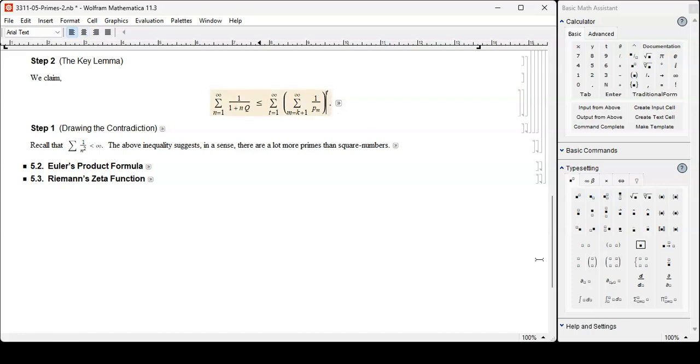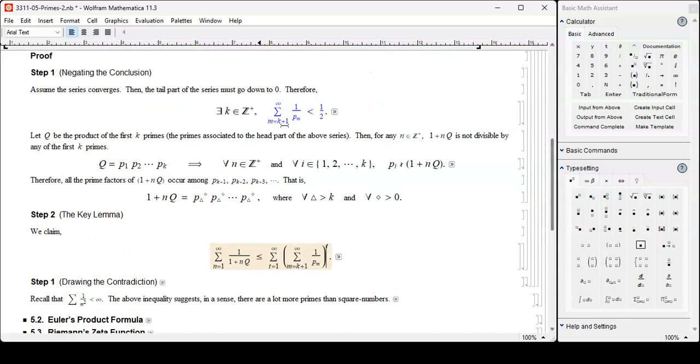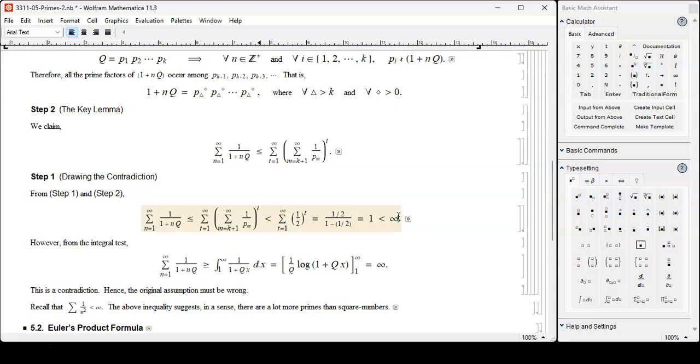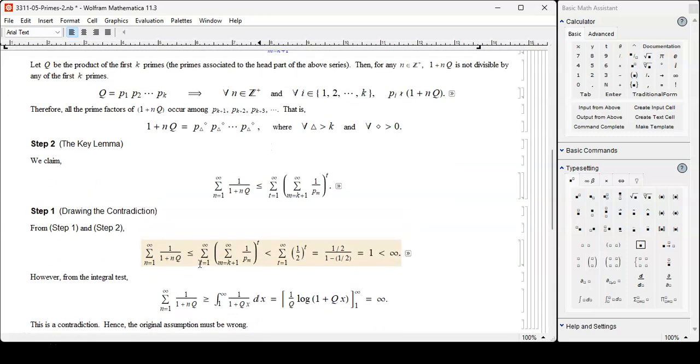So once you have that, and then apply the original hypothesis, the tail part is less than 1/2, we can draw a contradiction like this. This thing is less than or equal to the geometric series, and that's finite, all right?